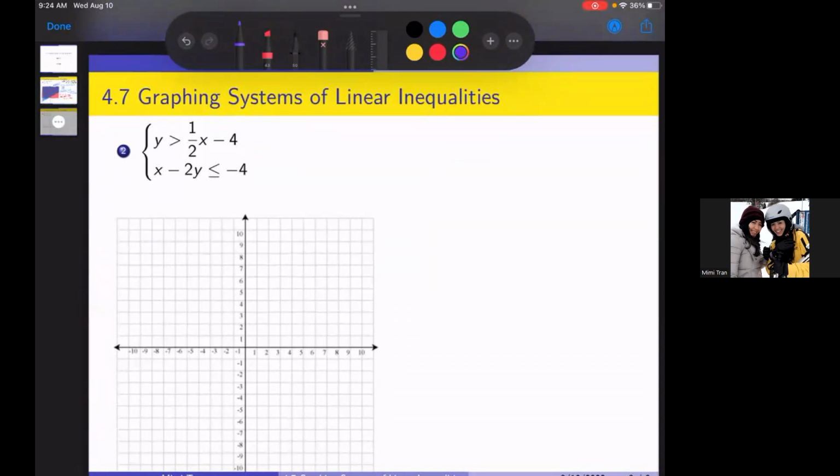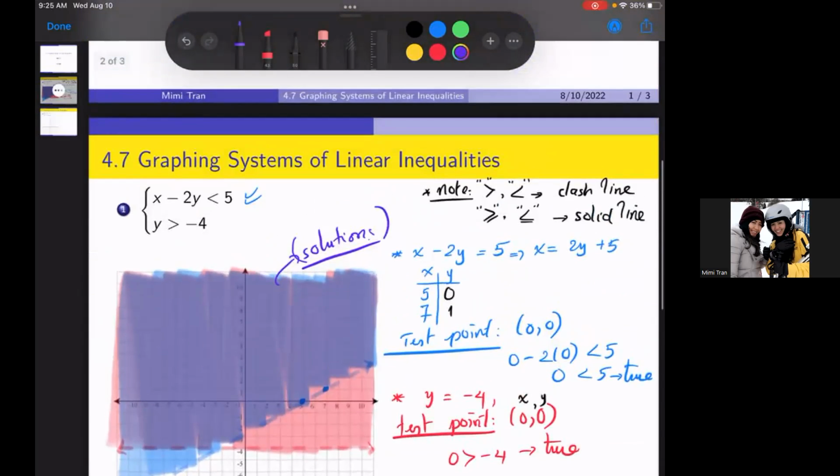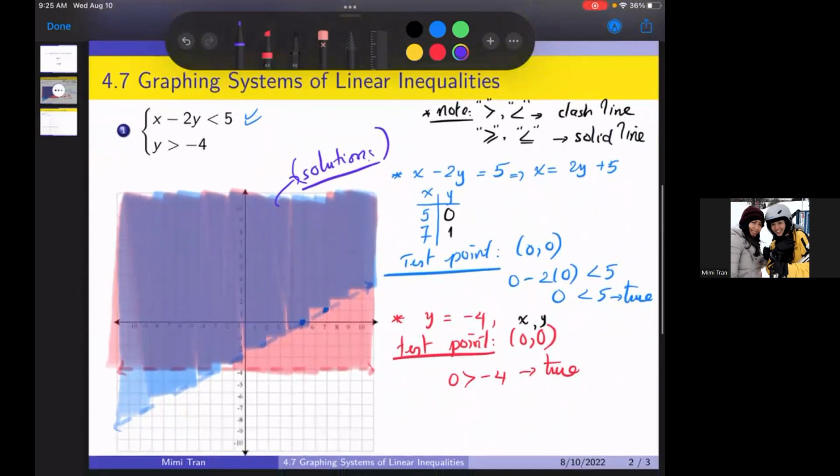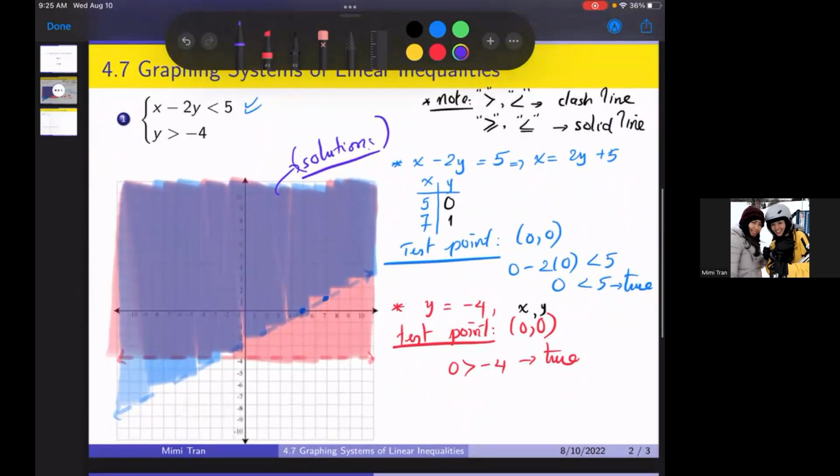See if I can use my. Let's see. It's 1/2 minus 1.